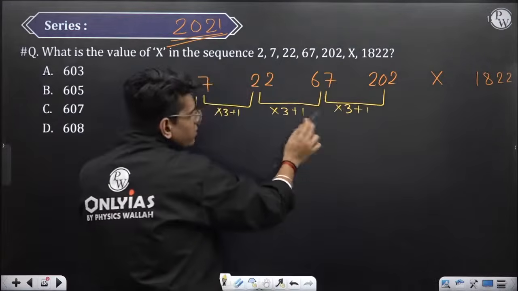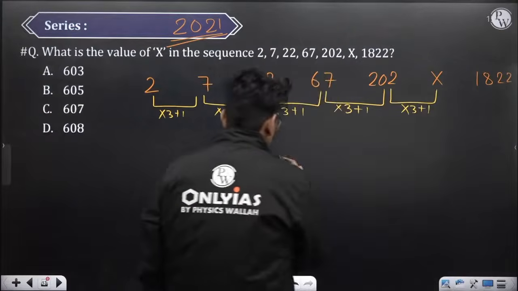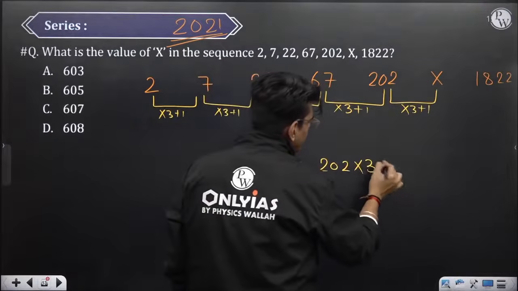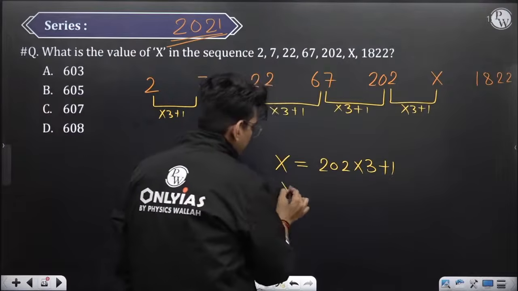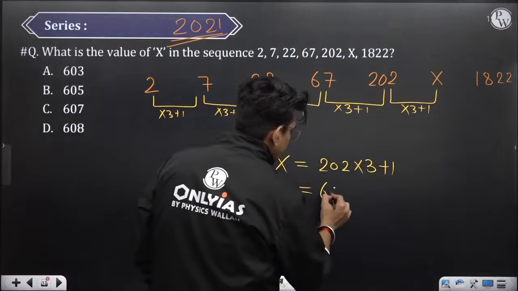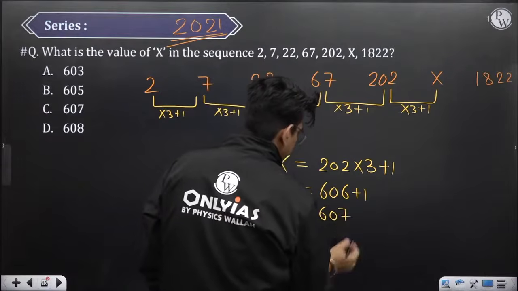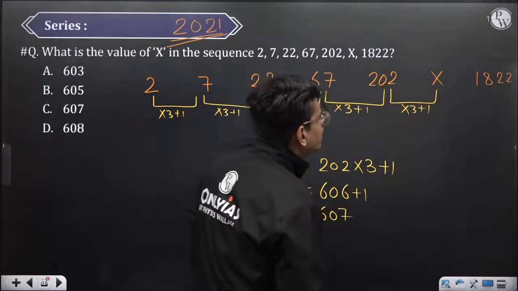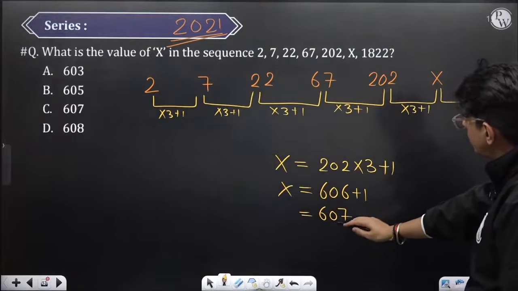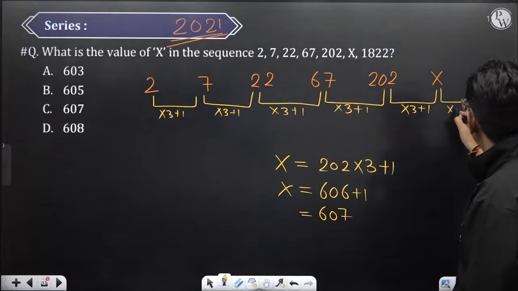So x is nothing but 202 into 3 plus 1, which is 606 plus 1, so 607. We can check 1822 also: 607 into 3 is 1821, plus 1 gives 1822.